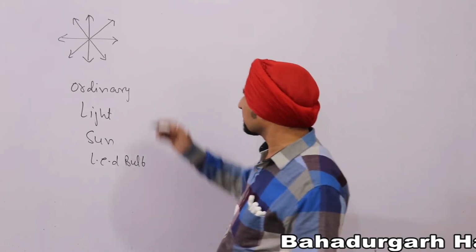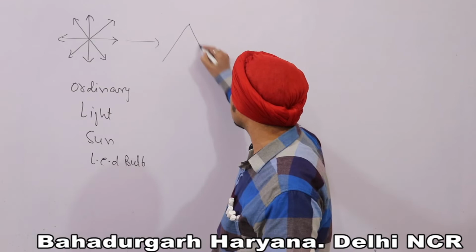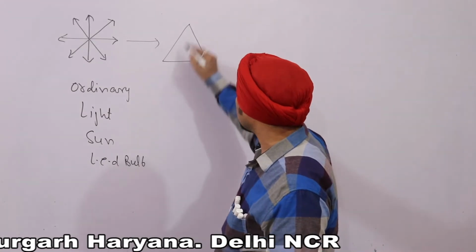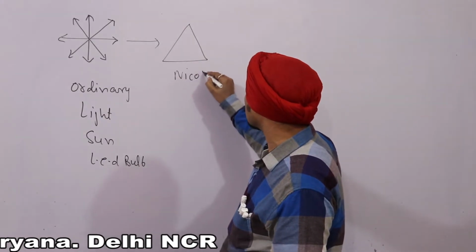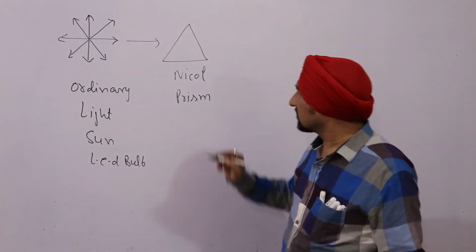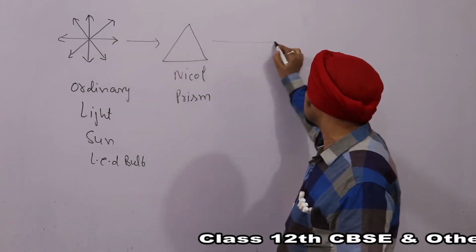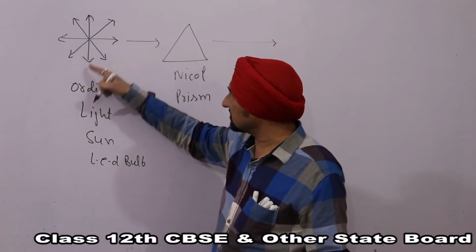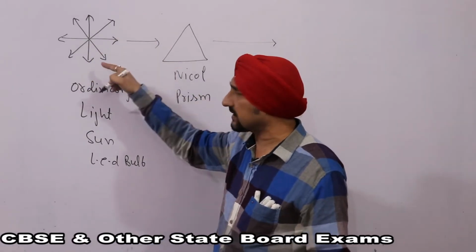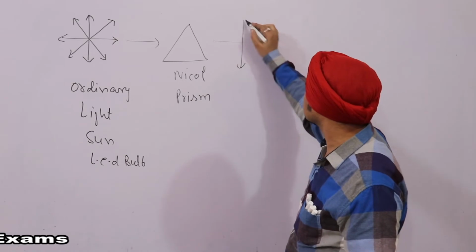Now just see how. This is ordinary light, and suppose it is allowed to pass through a nickel prism. This is the nickel prism. Now when this ordinary light is passed through a nickel prism, the vibration of these photons, which are initially in all directions, is restricted to a single direction like this.